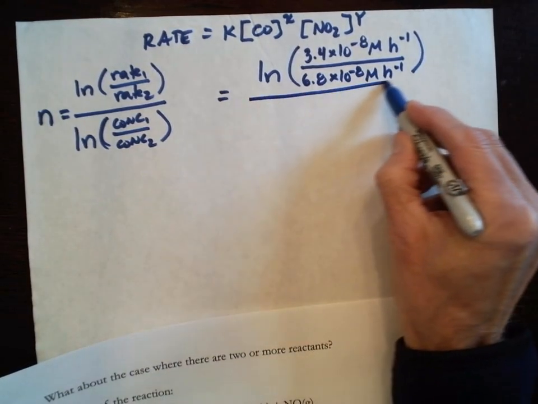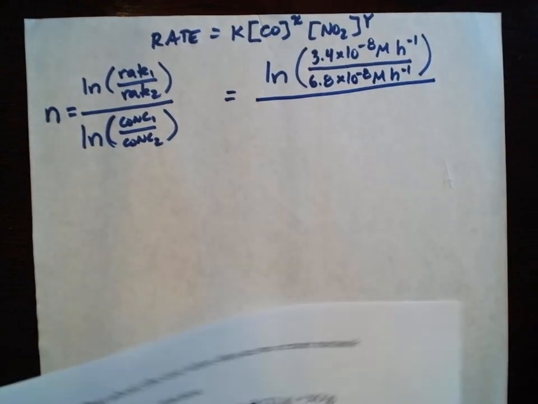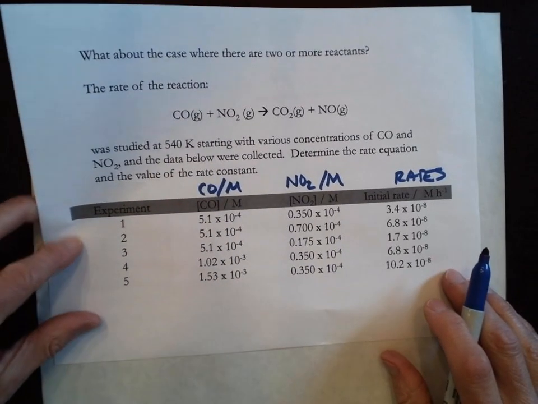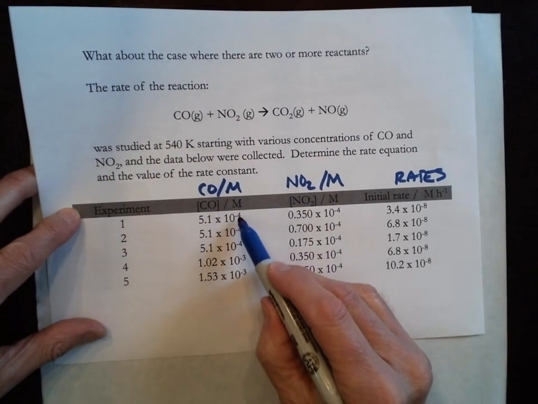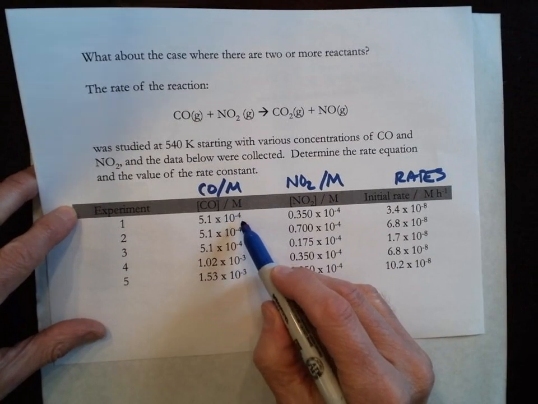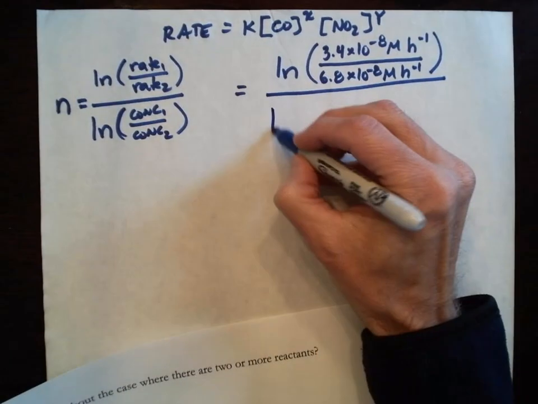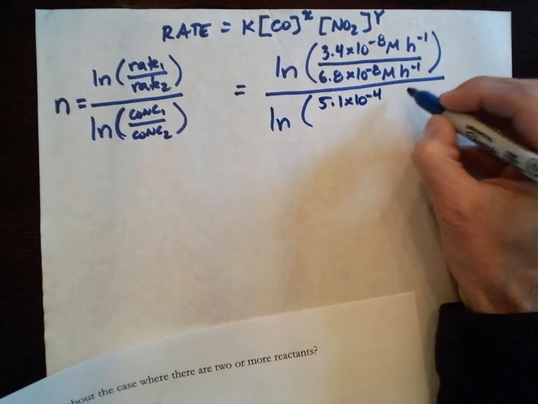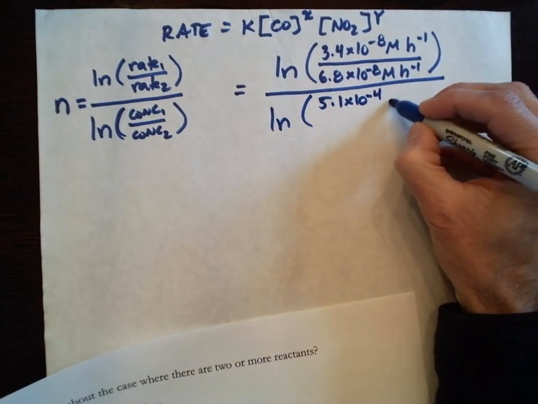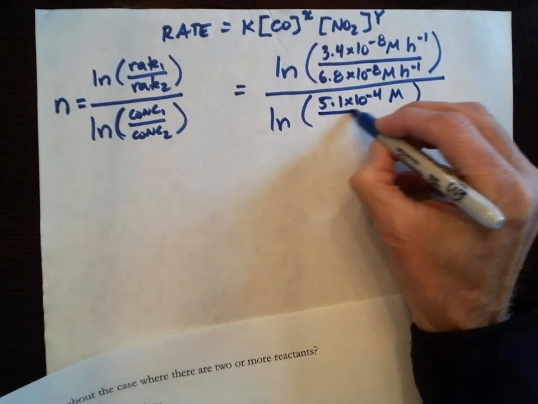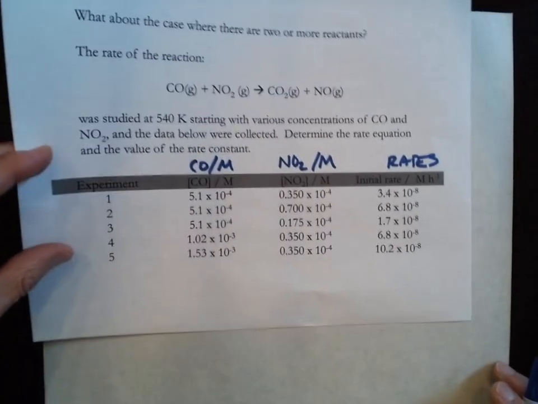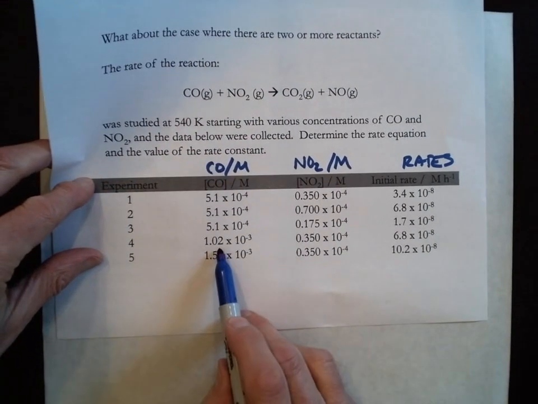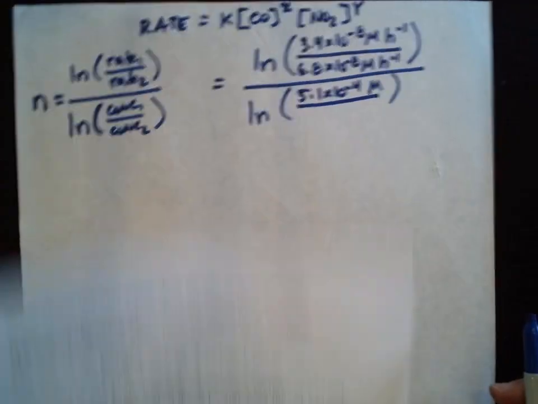We'll divide that by the concentrations of carbon monoxide under the two conditions, which is 5.1 times 10 to the negative 4 molar for condition 1, and we'll divide that by 1.02 times 10 to the negative 3.